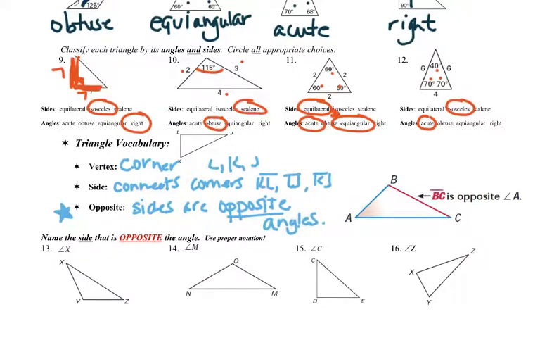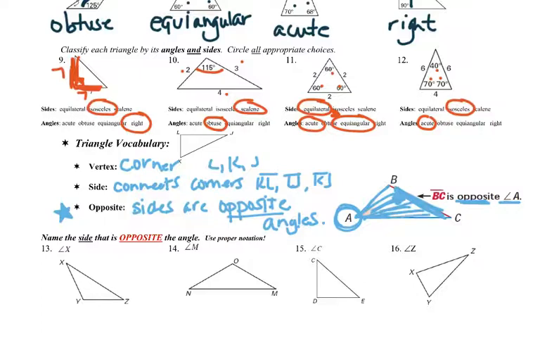In this picture, side BC is opposite angle A. So here's angle A, and this side is opposite the angle. This is a really important concept that we're going to use a lot this whole year. One way we explain it is we'll say, pretend you are at angle A with a hose and you're spraying water. Where does that water land?